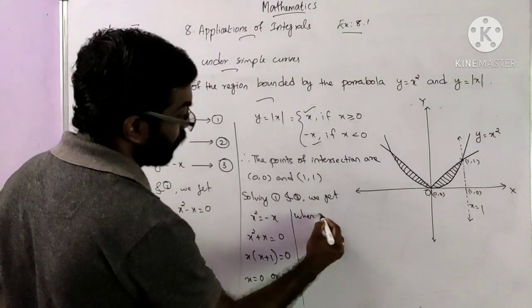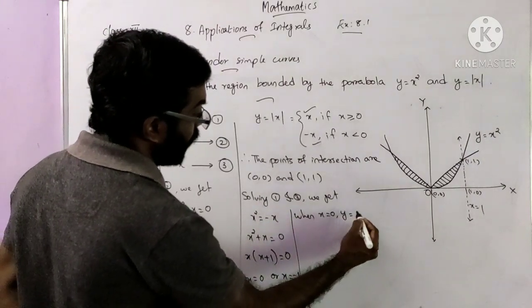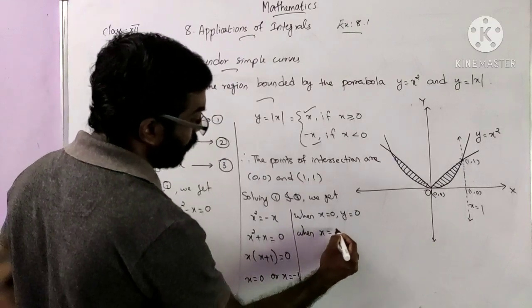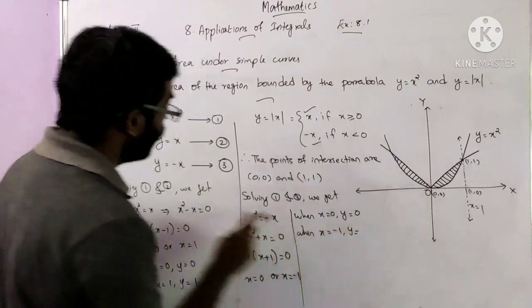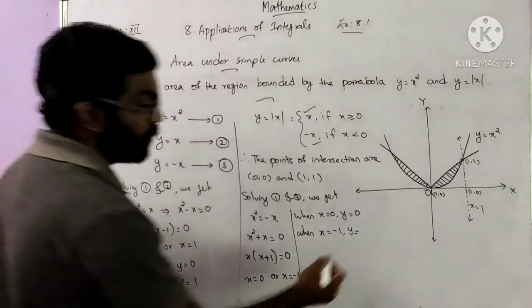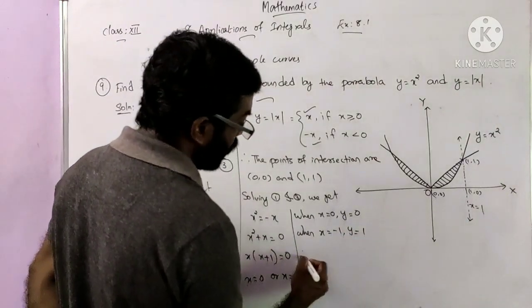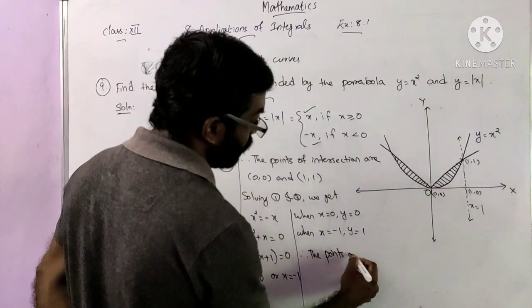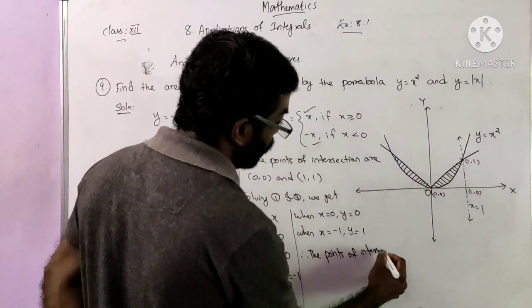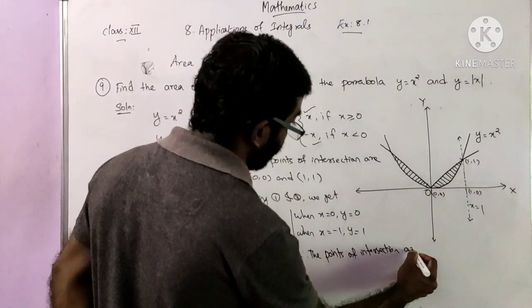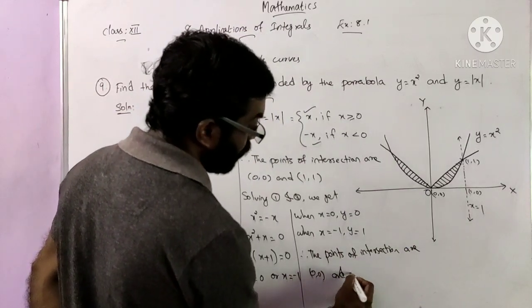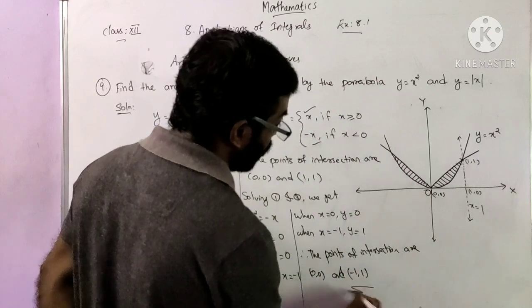And when x equal to 0, y is equal to minus x, that is y equal to 0. And when x equal to minus 1, y is equal to minus of minus 1, it is plus 1. Therefore, the points of intersection are (0, 0) and minus 1, 1.